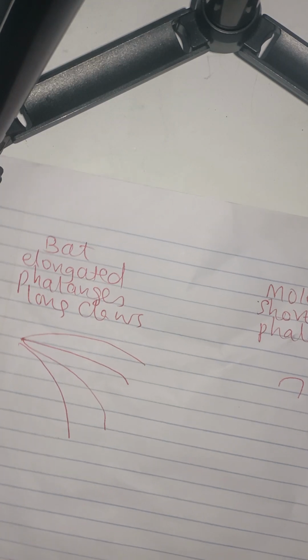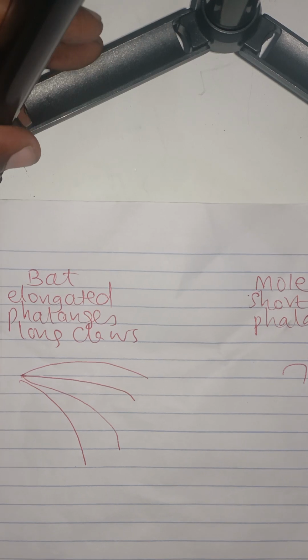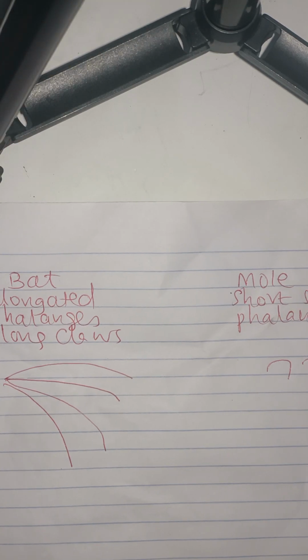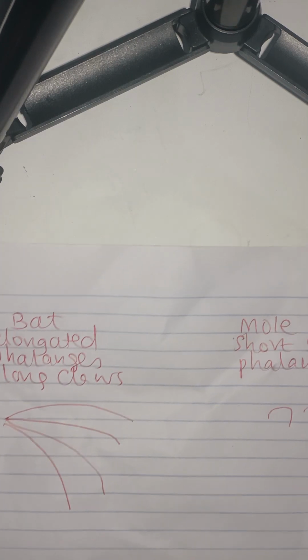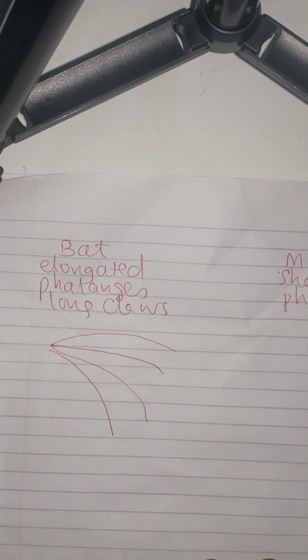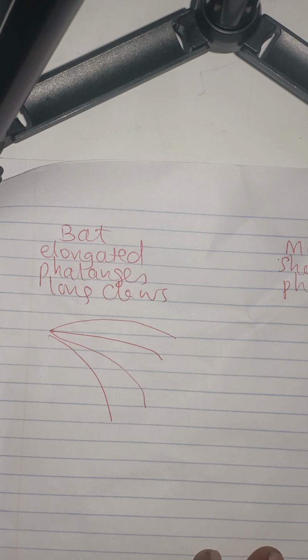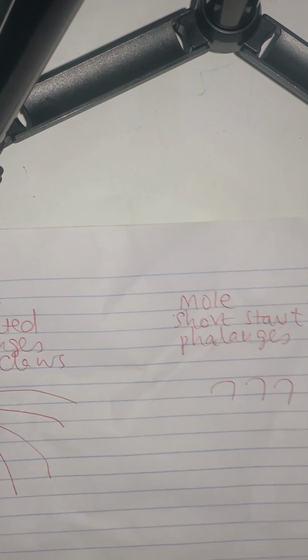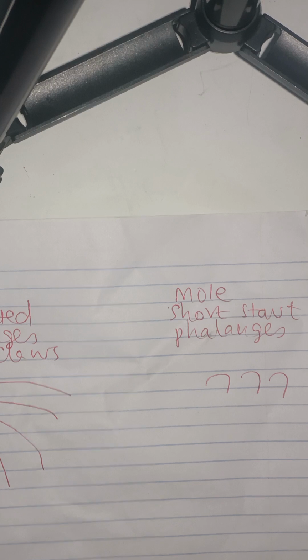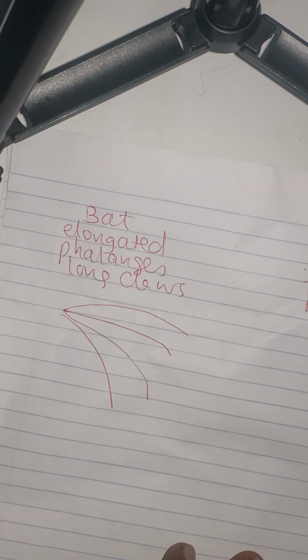That brings out the difference between the phalanges of these two animals. So one has elongated phalanges, but the other one has short, stout phalanges. So the bat's forelimbs have elongated phalanges with long claws, while those of a mole have short, stout phalanges.